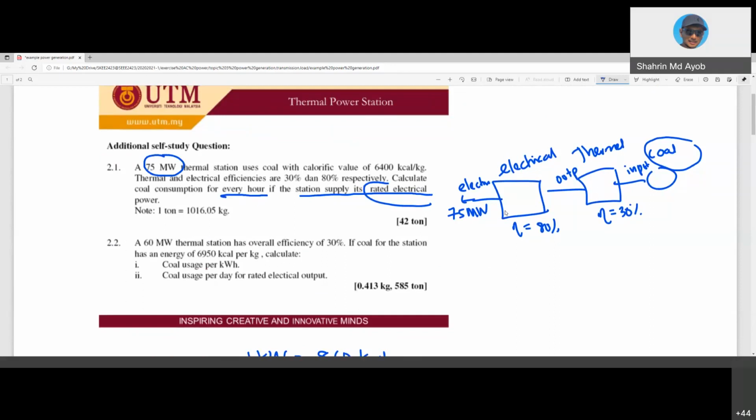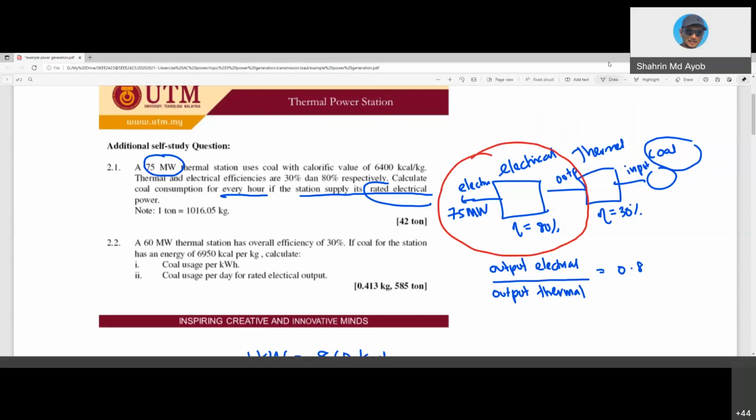So from here, you can use this equation: the output electrical power over the output thermal, which is equal to 0.8. This block.